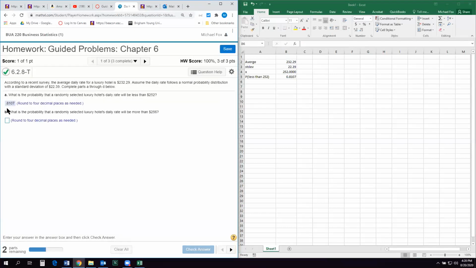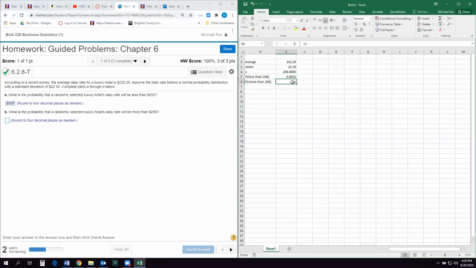All right. So now it wants to know the probability that the randomly selected hotel's daily rate will be more than 256. So remember, if I put 256 in here, that's going to return the probability that it is less than 256. So to find the probability that it is more than 256, we just take 1 and subtract the probability that it is less than 256.